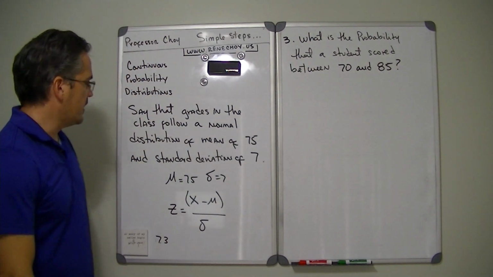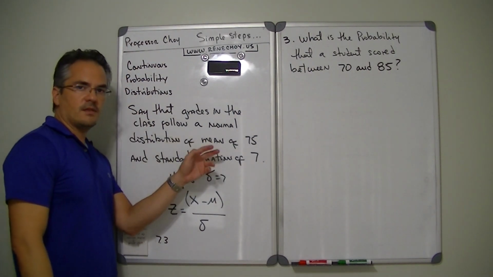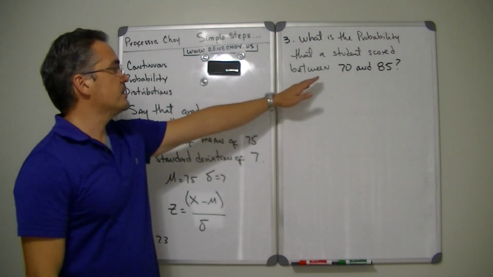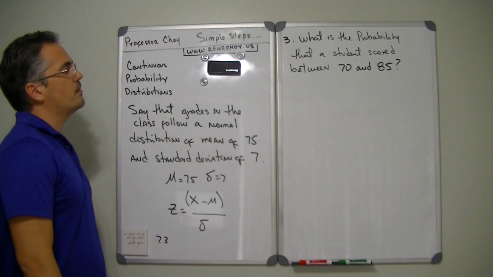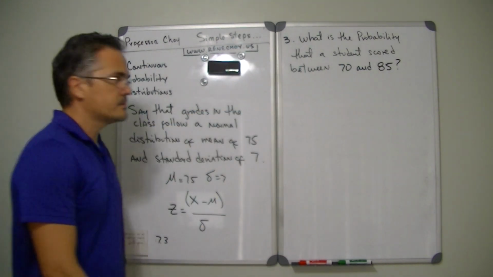So again, same mean, same standard deviation, different question. What's the probability that a student scored between 70 and 85?